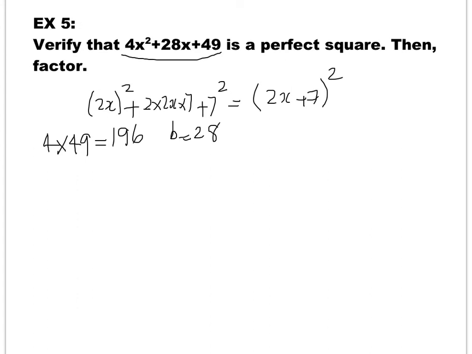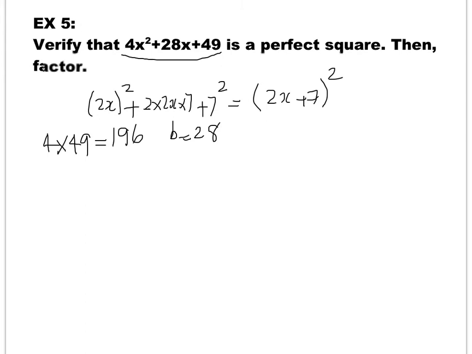Now I have to find two numbers whose product is 196 and whose sum is 28. Those two numbers are 14 and 14.